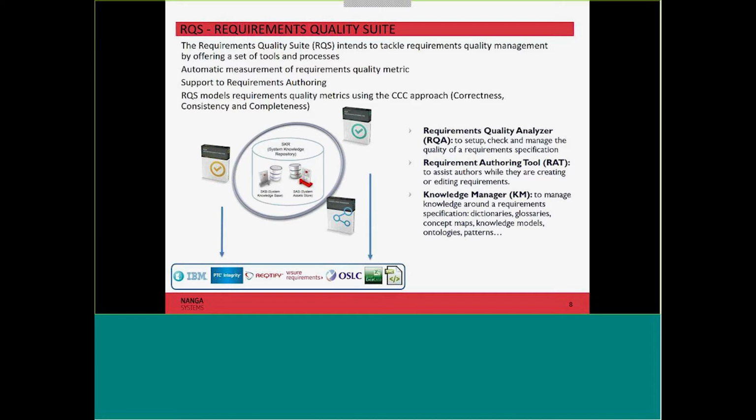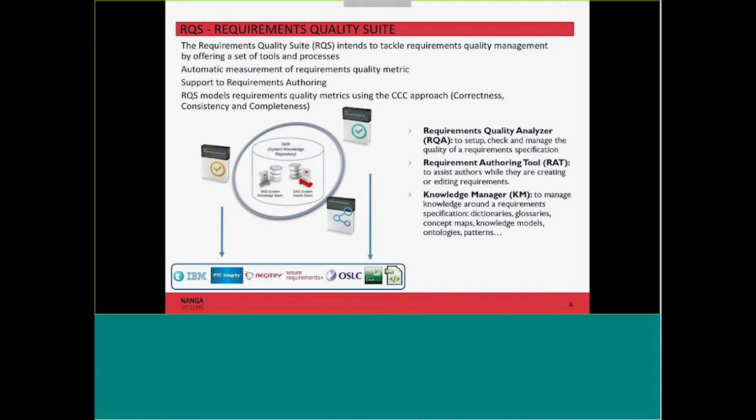As well as measuring the quality of individual requirements, one very important aspect is what we call the CCC approach. So it's measuring correctness. So is an individual requirement in and of itself correct? Does it follow our best practice? Is it using a set of defined words from an ontology, from a dictionary that we've defined? Are our requirements consistent? So if we're talking about, say, a particular volumetric measure, are we using the same unit?